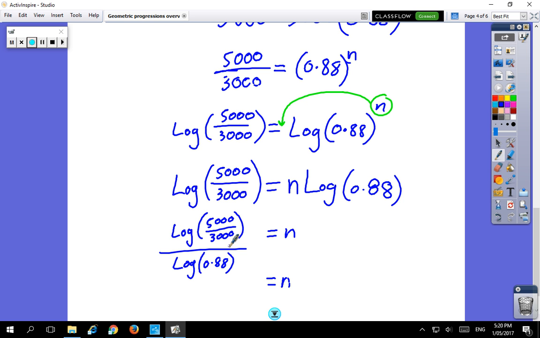If you would like to pause while I work that out and type it in, try finding the log button on your calculator if you haven't done this already, and see just how easy it can be to type in a fraction with log on top and log underneath, and see what you get out.